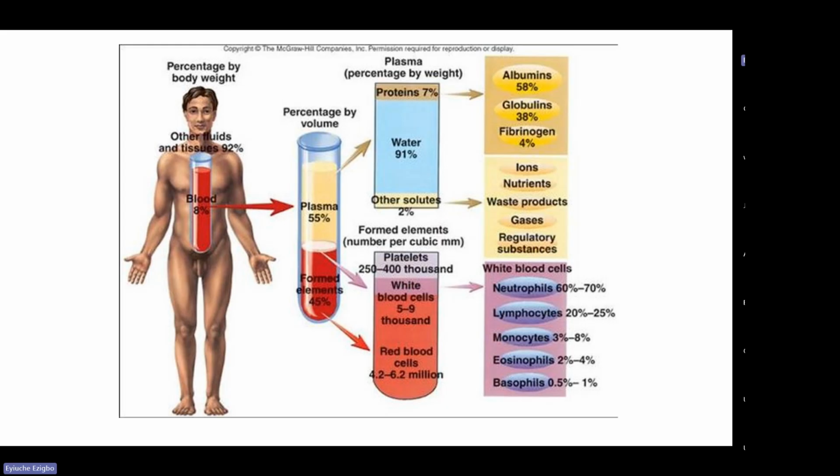When you separate the cells from the plasma, we have the plasma components and the cellular elements. Under the cellular elements, we have the red blood cells, the white blood cells, and the platelets. The plasma makes up 55% of the whole blood, while the cellular components make up 45%.